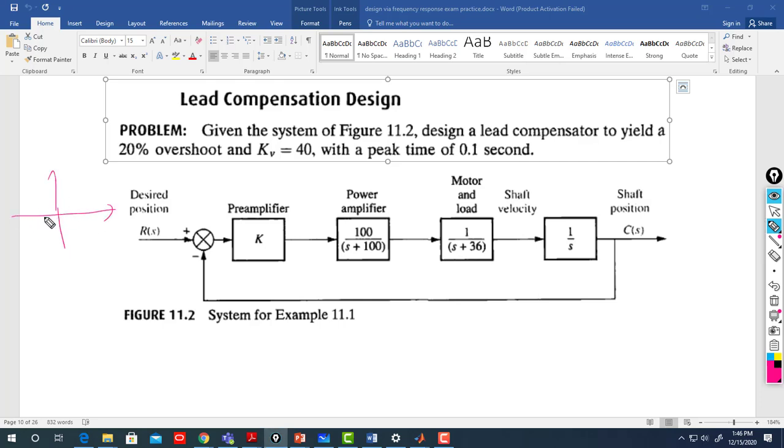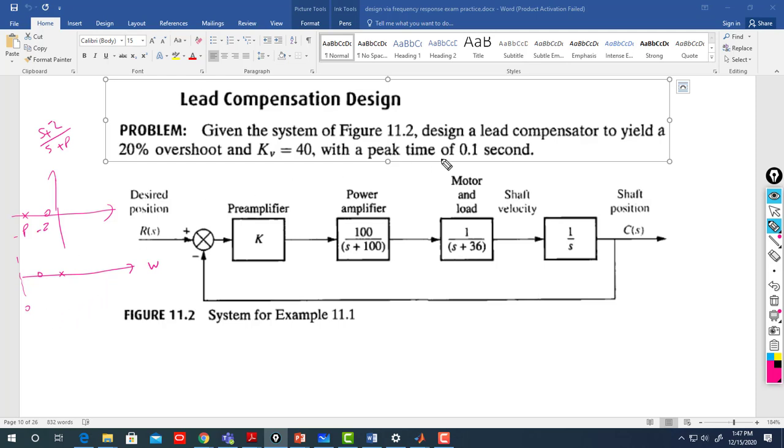It's a lead, so the zero dominates the pole: s plus z over s plus p. On the frequency scale, you'll have the zero, because it's smaller, than the pole. On the Bode plot, you have omega on the x-axis, and p and z are frequencies.